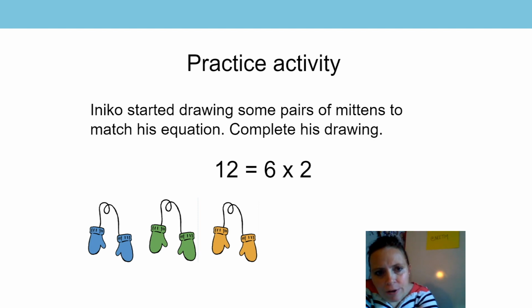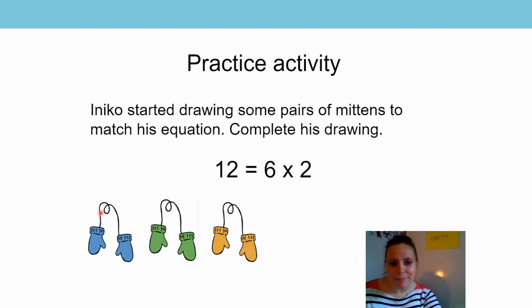Now, Inigo, he started drawing some pairs of mittens to match this equation, but he hasn't quite finished it. What do we know by looking at the equation? We know the product and we know the 2 factors. What does he already have in his pictures? He already has some groups of 2.